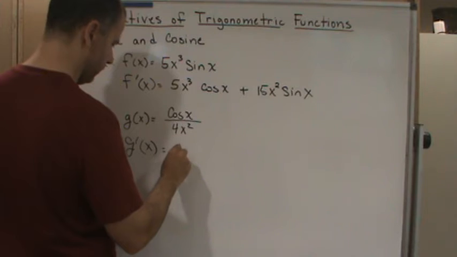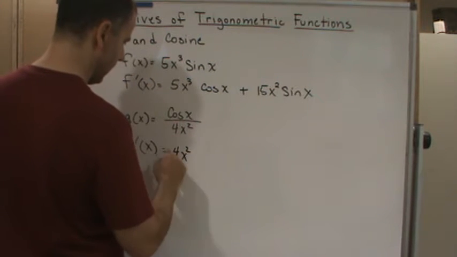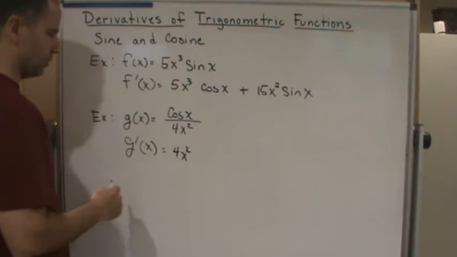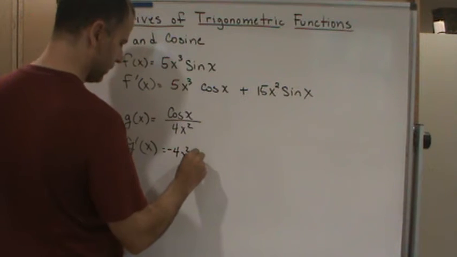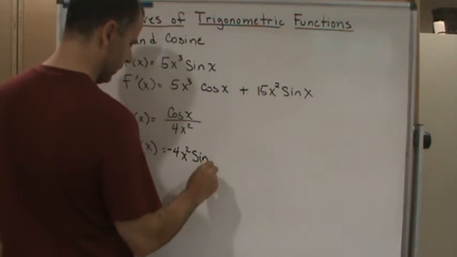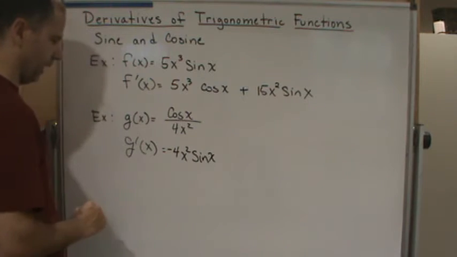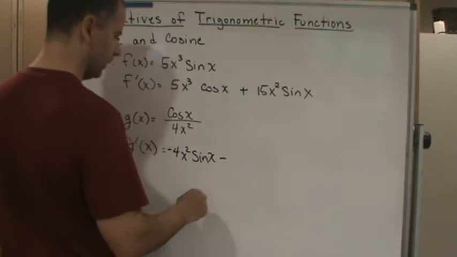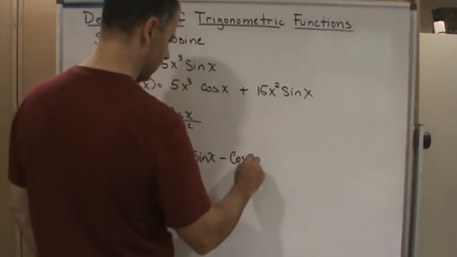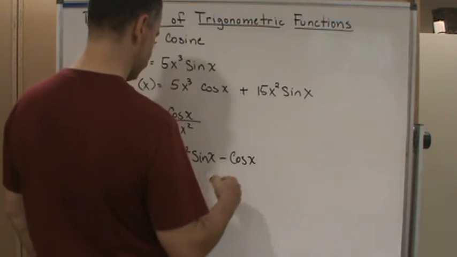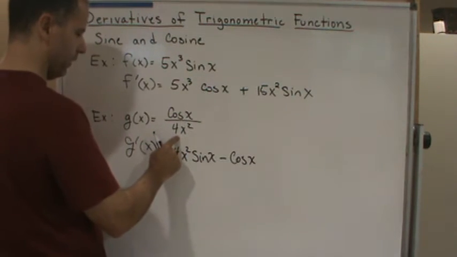So low d high, well, the derivative of cosine is negative sine, so I'm going to put the negative there, negative sine x, okay, minus high d low, cosine x times the derivative of this.